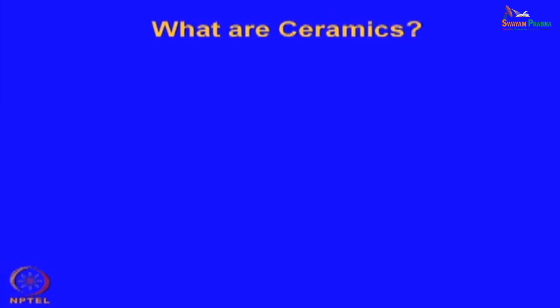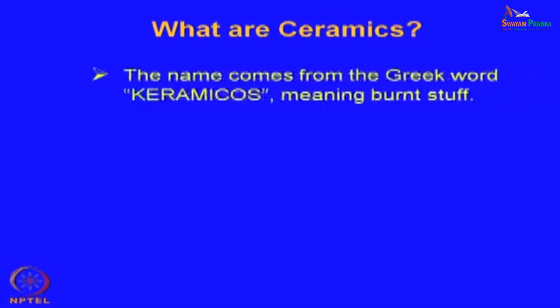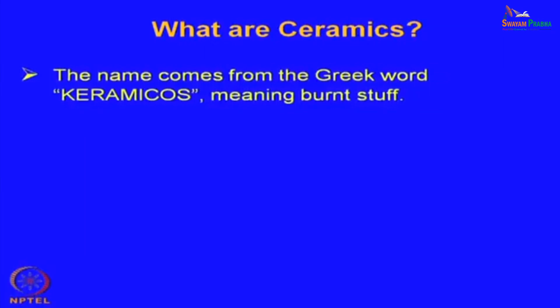What are ceramics? Well, how do we define ceramics? Maybe it is known to many people that this particular name ceramics came from a Greek word keramikos, which basically means burnt material or burnt stuff.